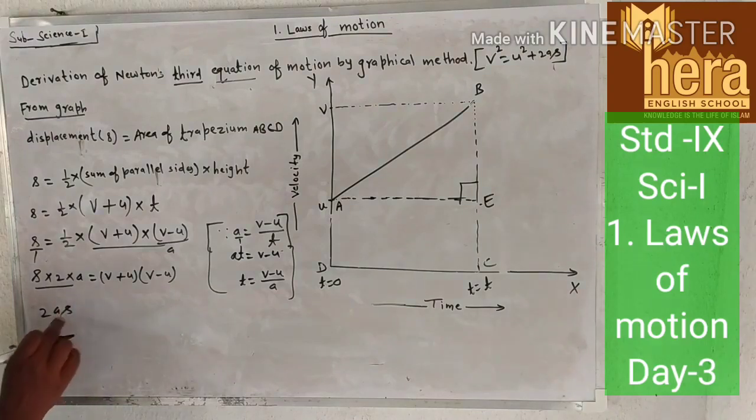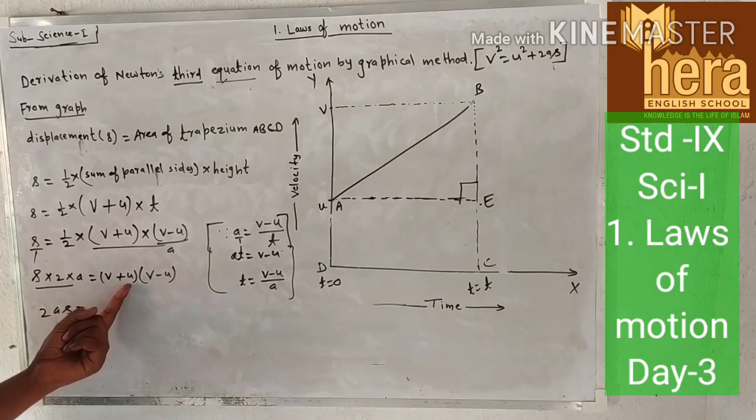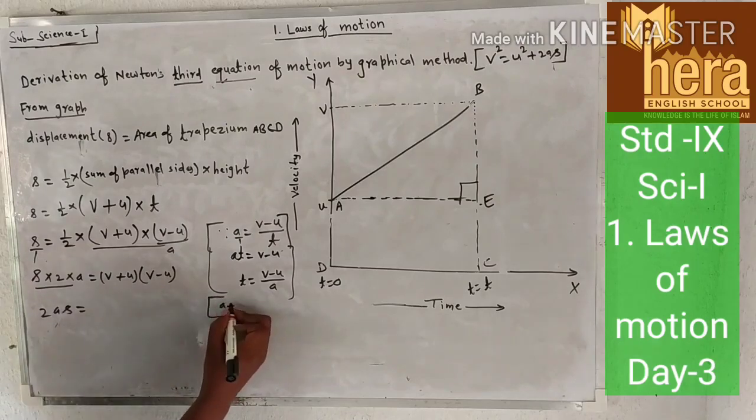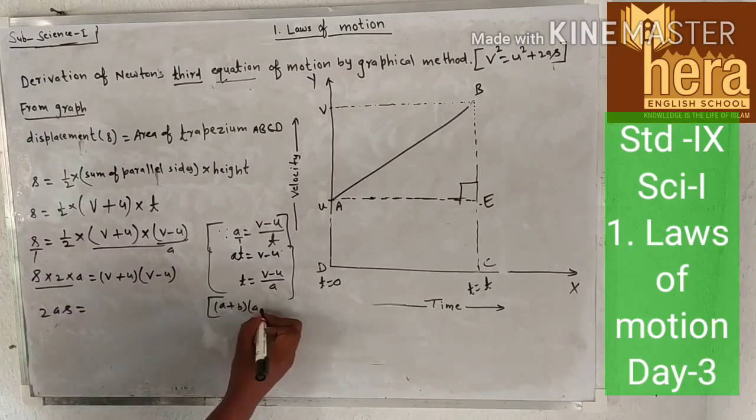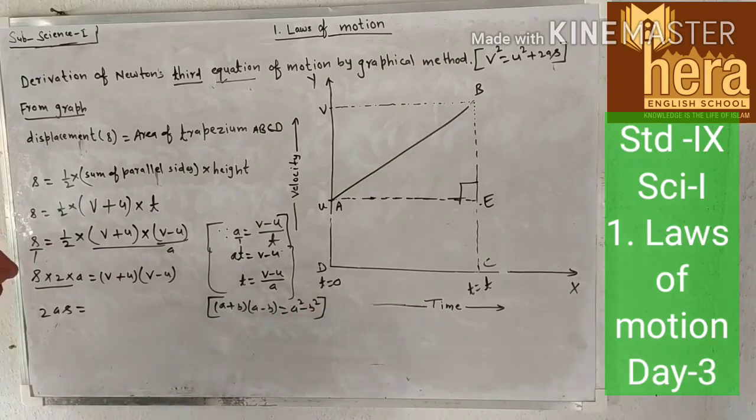2as is equal to (v plus u) into (v minus u). We know that (a plus b) into (a minus b) is equal to a square minus b square.